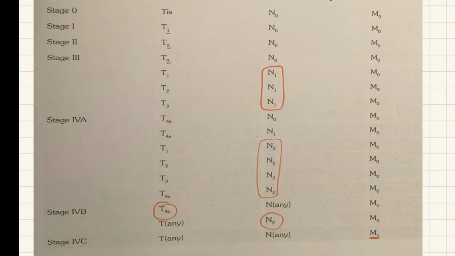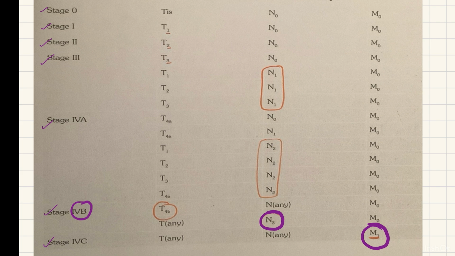Next, let's dive into how we stage this cancer. So this can be staged into stage 0, stage 1, stage 2, stage 3, stage 4A, stage 4B, and stage 4C. Let me simplify this. Mets will be 0 in all except 4C. So we have Mets present only in stage 4C. Then we have to remember N3. N3 is the nodal status that is present only in stage 4B.